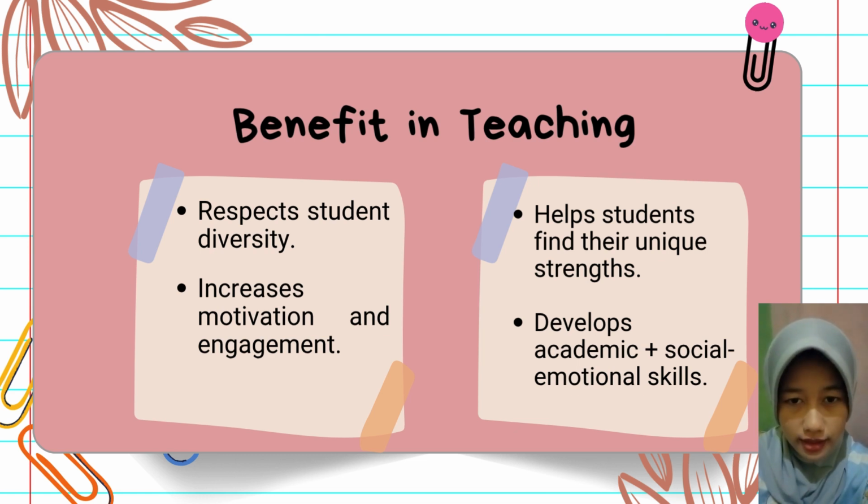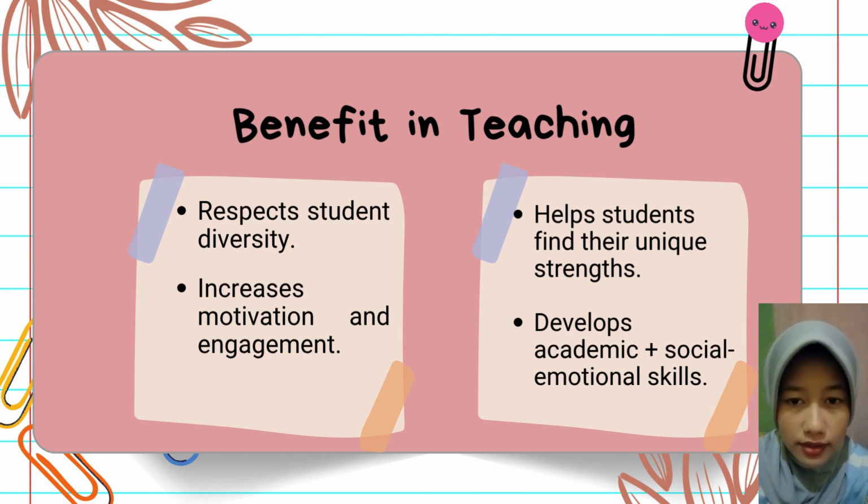By understanding that intelligence is not limited to one type, teachers can appreciate the uniqueness of each learner. Second, it encourages motivation and engagement. When learning activities match student interests and strengths, they feel more excited and involved in the lesson. This makes the learning process more enjoyable and meaningful.